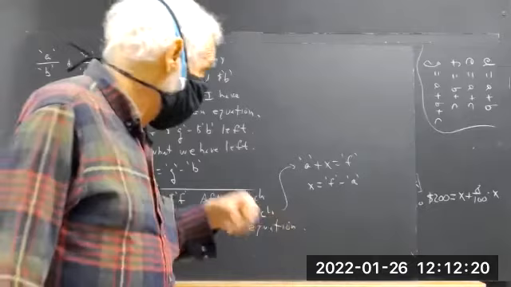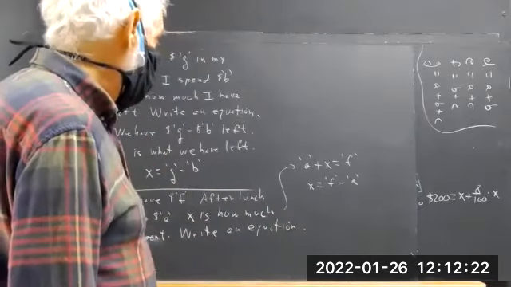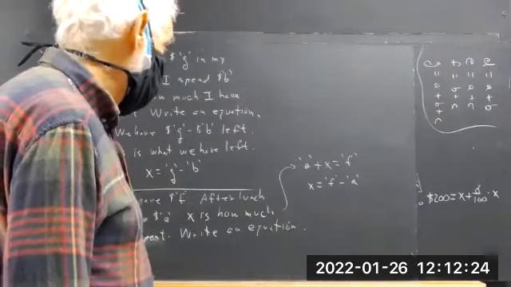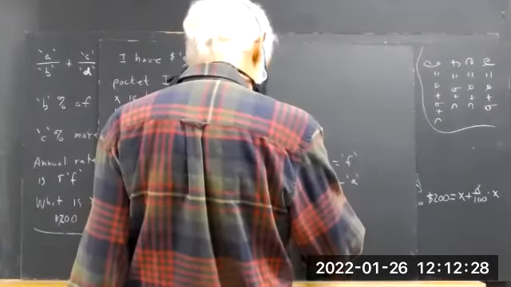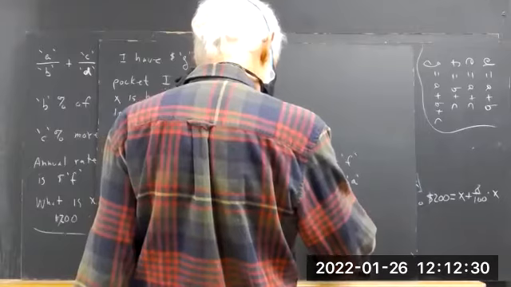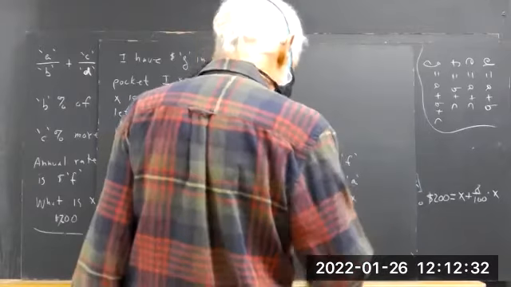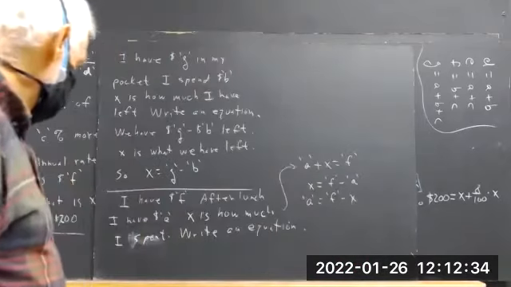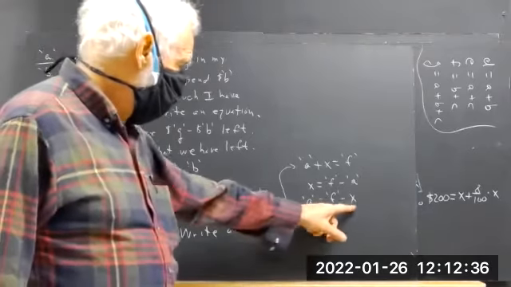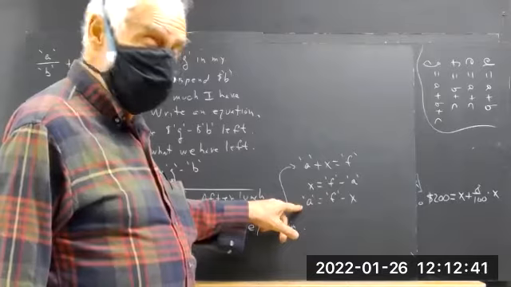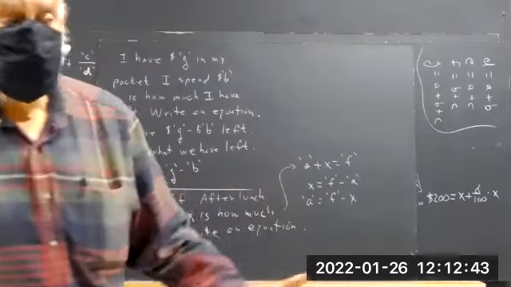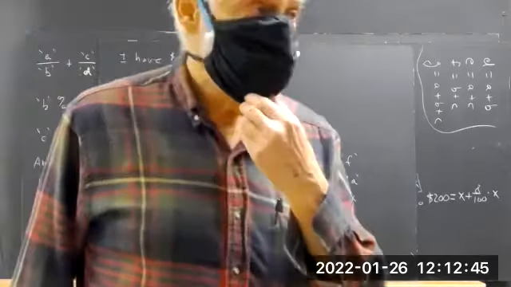Or you could even say that you subtract how much you got from how much you started with, that's how much you spent, right? Every one of these equations makes perfect sense. And no one equation is any better than any of the others.